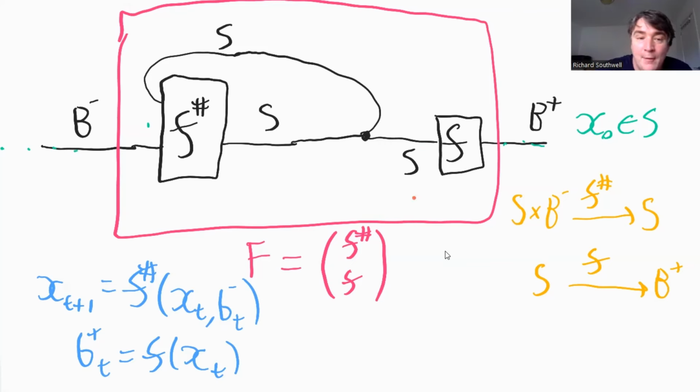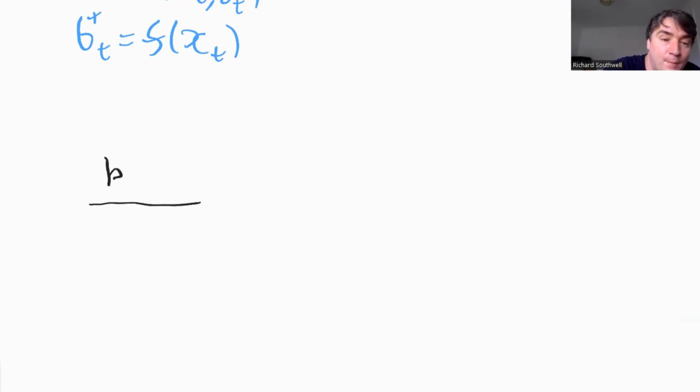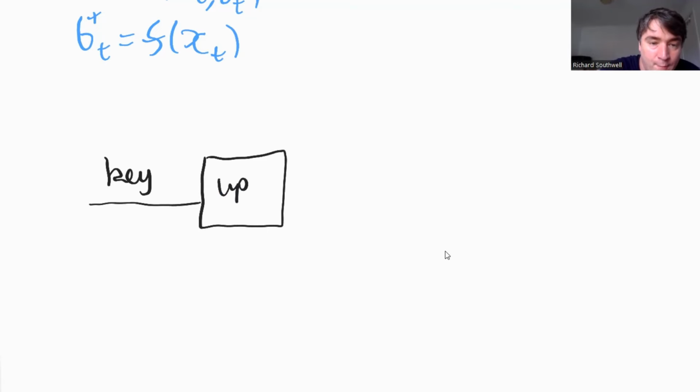So a lovely thing about this graphical language, I mean, there is a formalism behind it, I'll mention some of the ideas, but you can already see that the idea of wiring together these open dynamical systems seems to make sense. And it's a very lovely way to think. So for example, we might have keys that are being pressed on a keyboard, and these are flowing in, and then we've got an update function, and this is updating the memory in our computer.